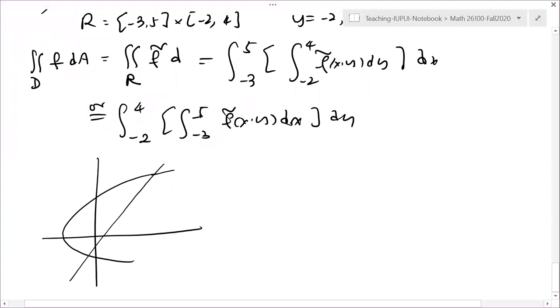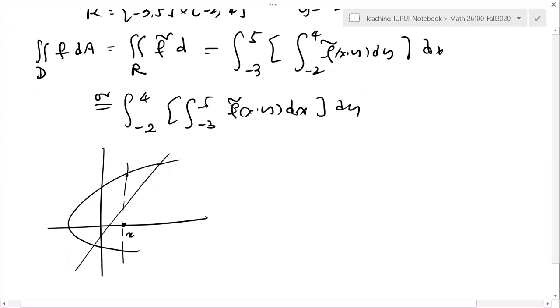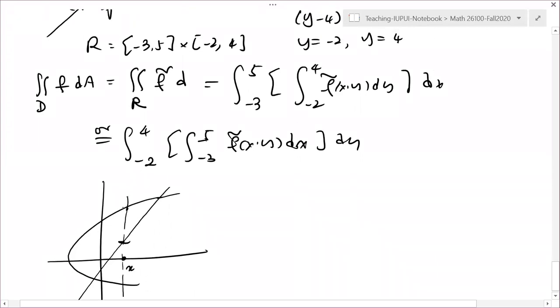If I choose the first one, what do I have to do? I fix an arbitrary point x and draw a vertical line. Then for the fixed x, I have to figure out the lower bound and upper bound for the y variable. So the question is, what are those 2 points?